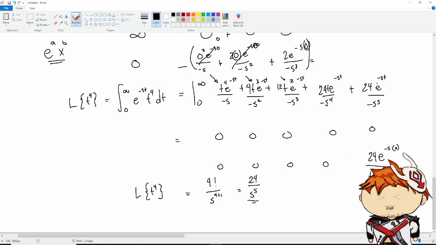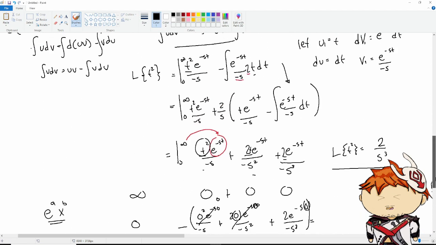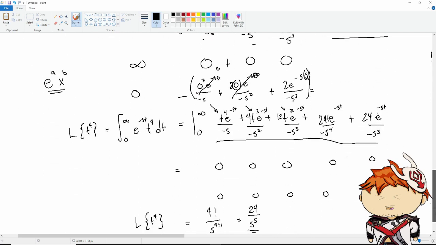That's the Laplace transform. That's a semi-long method. Basically, you still integrate the function, but there's a pattern to the integration by parts.